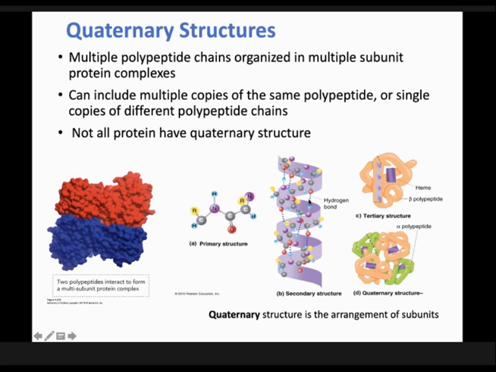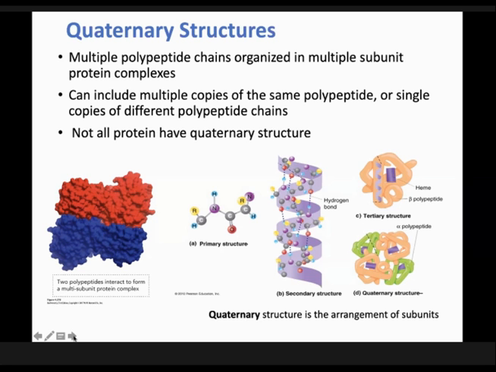Remember, it's an interaction between amino acids that are close, not that far apart. And the tertiary structure is when they interact, the 3D folding conformation. Quaternary are subunits that interact together and they can form a protein.